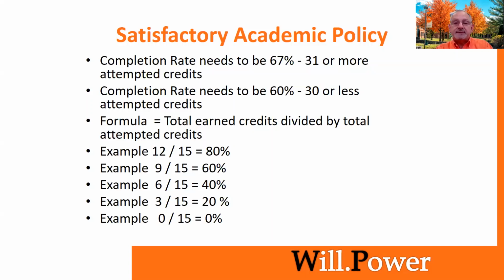Here are some examples. 12 divided by 15 is 80%. 9 divided by 15 is 60%. 6 divided by 15 is 40%. 3 divided by 15 is 20%. And 0 divided by 15 is 0%. So that's 12, 9, 6, 3, and 0 earned credits over the attempted credits.